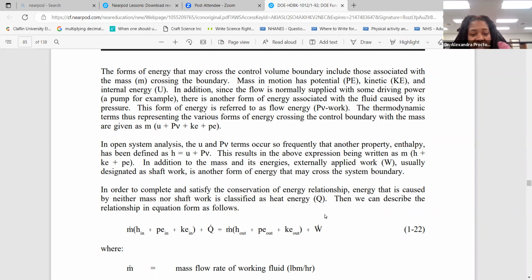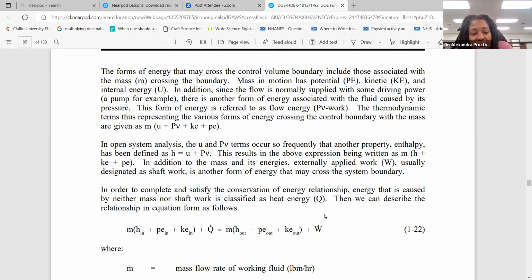In addition to mass and its energies, externally applied work, usually designated as shaft work, is another form of energy that may cross the system boundary. So in order to complete and satisfy the conservation of energy relationship, energy that is caused by neither mass nor shaft work is classified as Q, or heat energy.